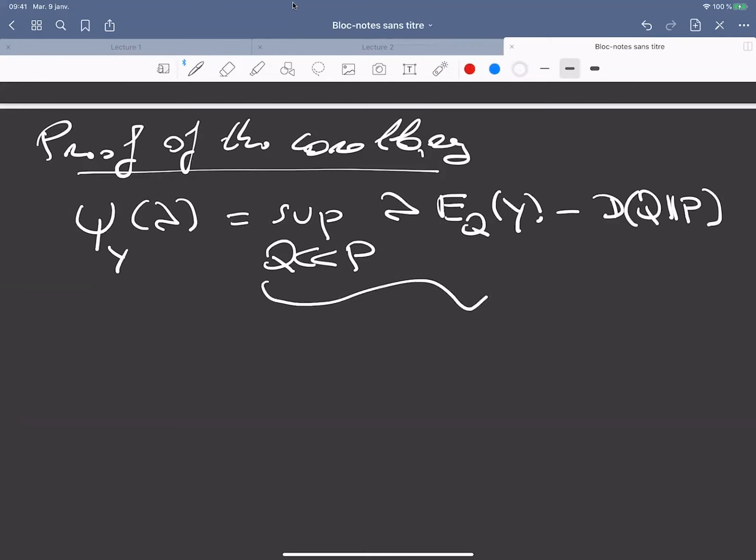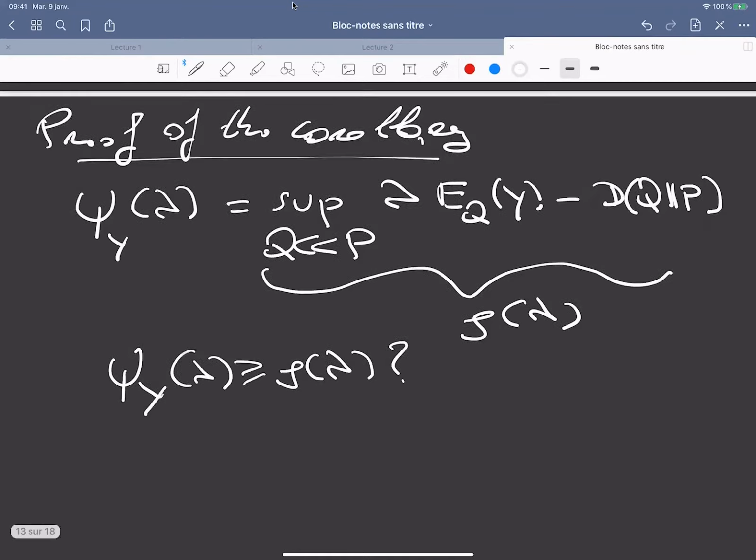So let's call this quantity rho of lambda. We have to prove that psi is equal to rho. So first prove that psi is larger than rho.